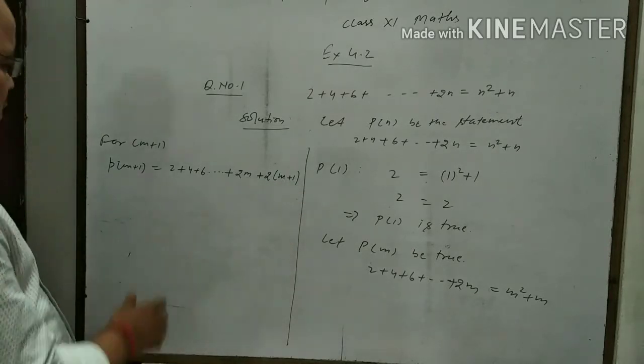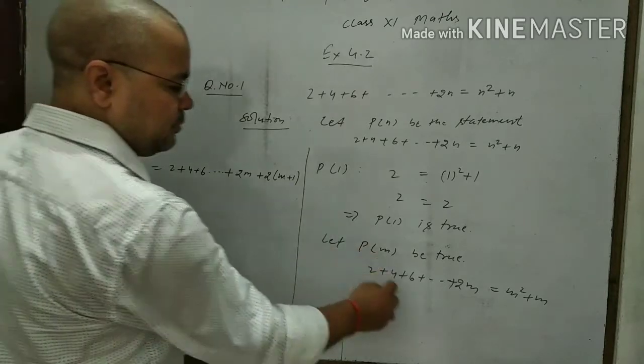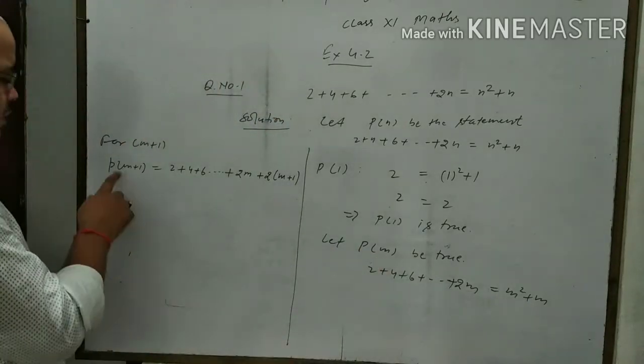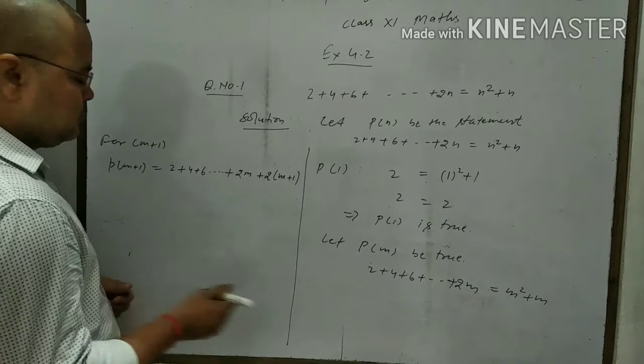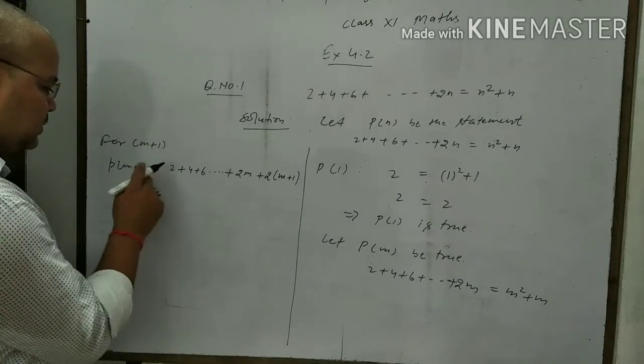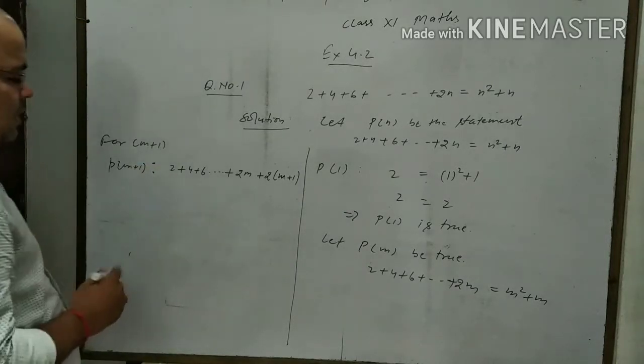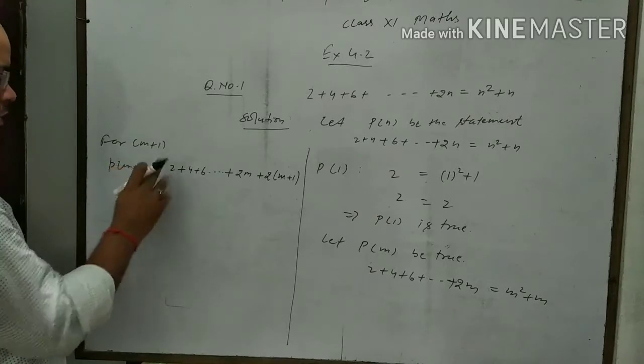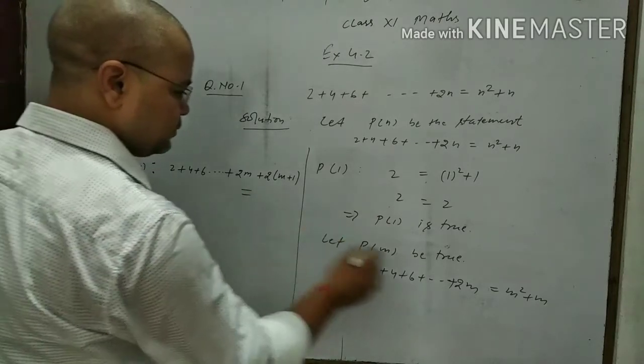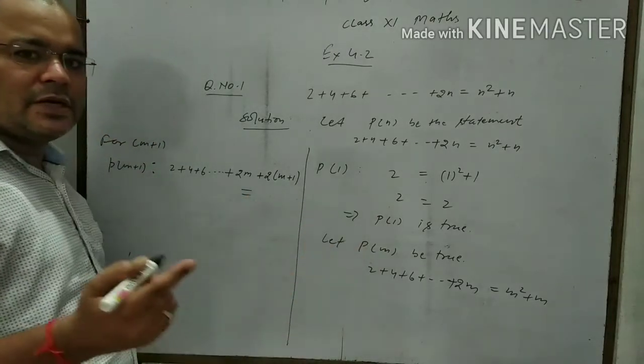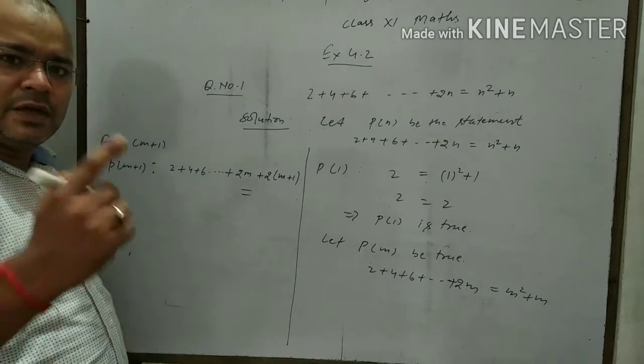Getting it? For Pm this much, and for Pm plus 1 this value. Or we can write, okay, is equal to m square, but at the place of m what are we putting? m plus 1.